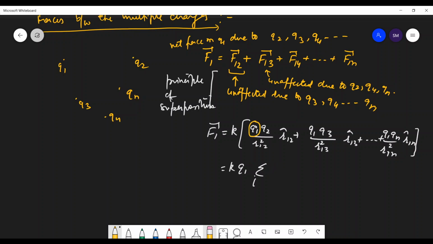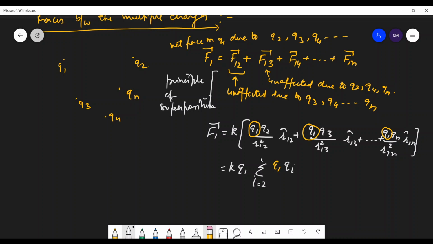Q1 is constant in all of them, so let me write Q1 here. Now this Q is again there, but it is changing: 2, 3, n. So let i be the variable which is changing. So i starts from 2 to n.